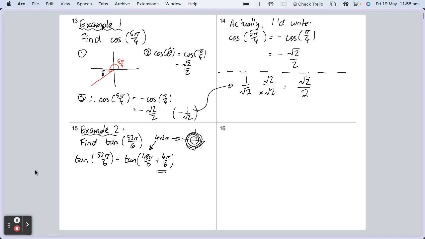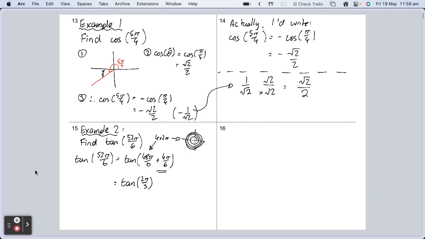So that's effectively the same as saying the tan of 2 pi on 3. See what I did there? 4 pi on 6, simplify it to 2 pi on 3. That's what I'm going to deal with. So the problem tan 52 pi on 6 is actually the same problem as what is the tan of 2 pi on 3. Oh, that's good. I can do that a lot more easily.